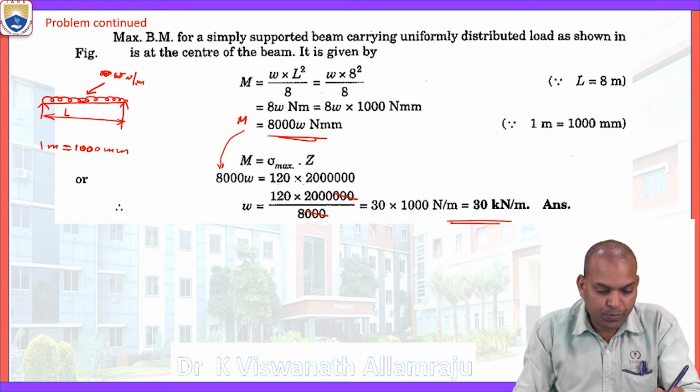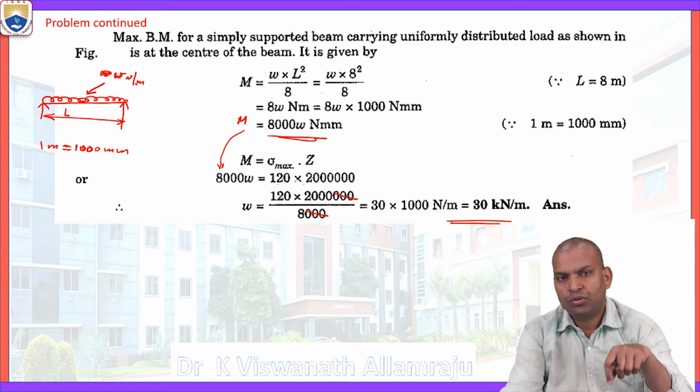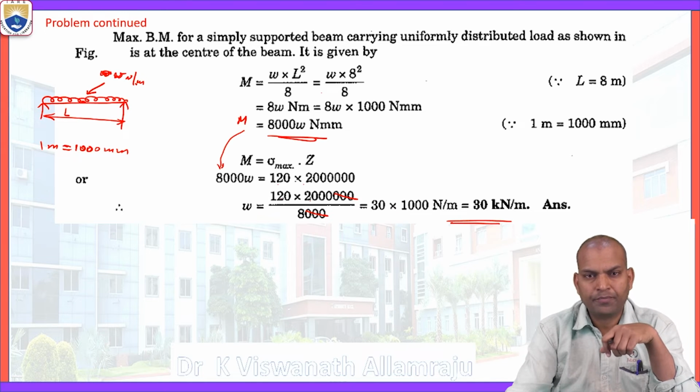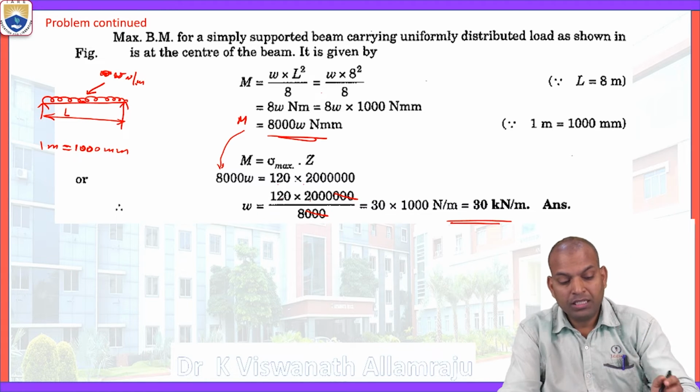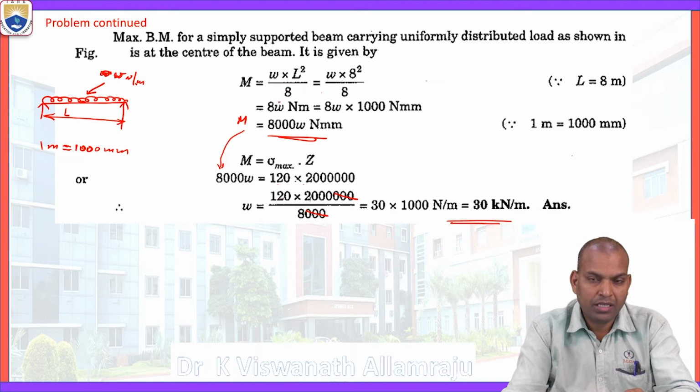The novelty of this problem is that the simply supported beam is carrying a uniformly distributed load throughout the length of the beam. For that we have a direct formula, w L square by 8.